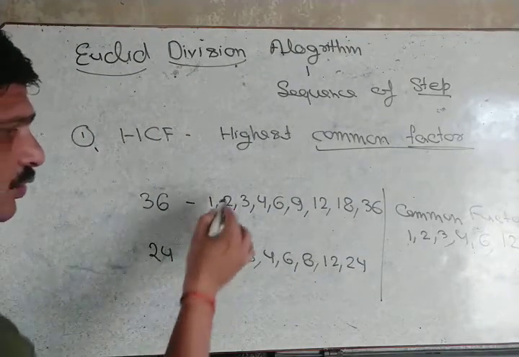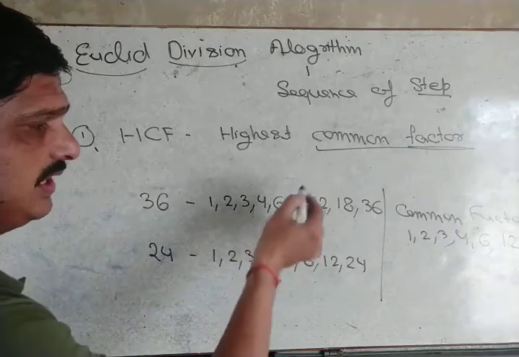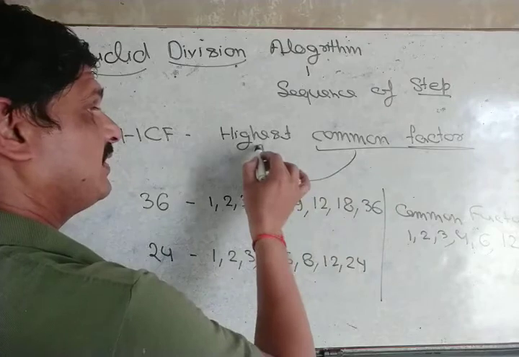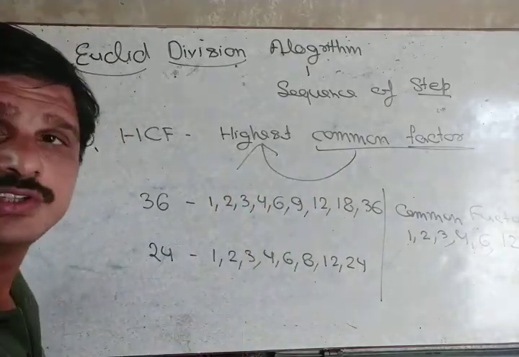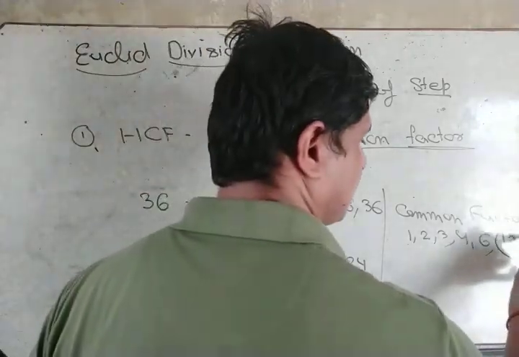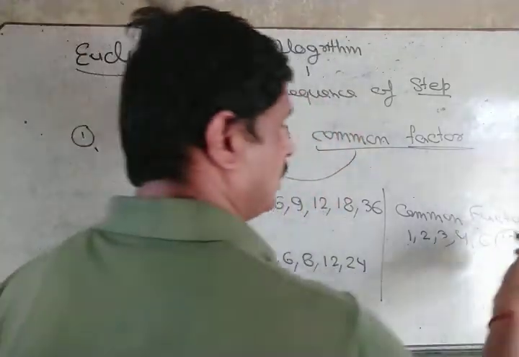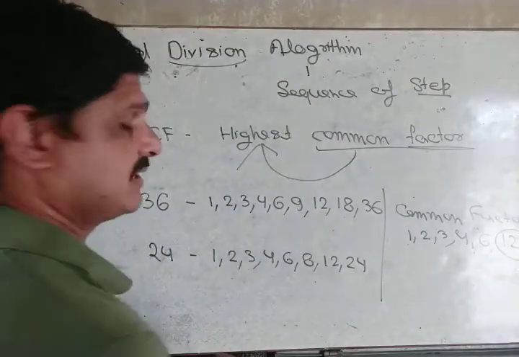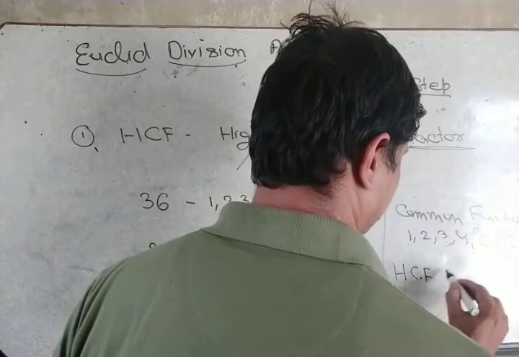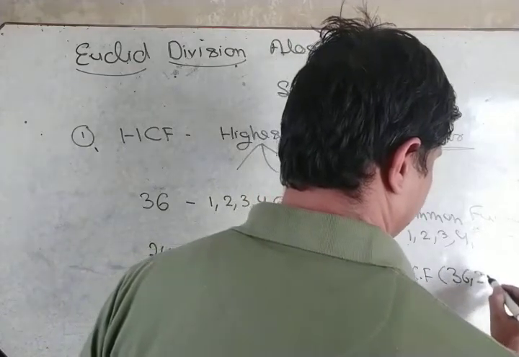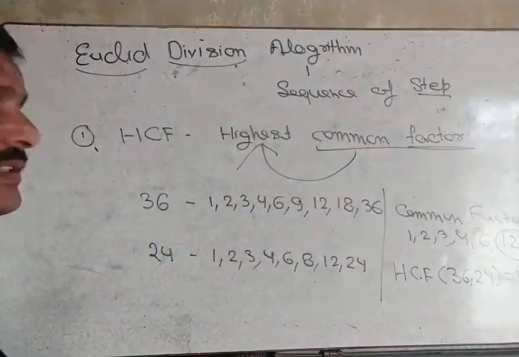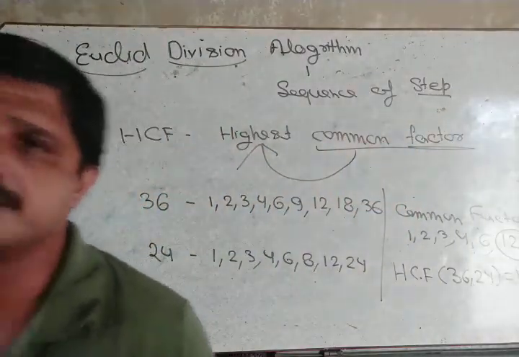After that, the common factor which is of highest value. So you can clearly see 12 is the highest. So 12 is the HCF of 36 and 24. HCF of 36 and 24 equals 12, this is the mathematical notation and this is the method of finding HCF.